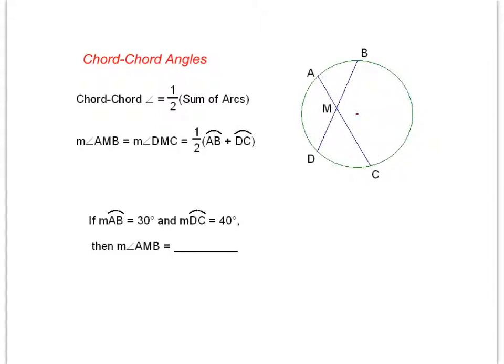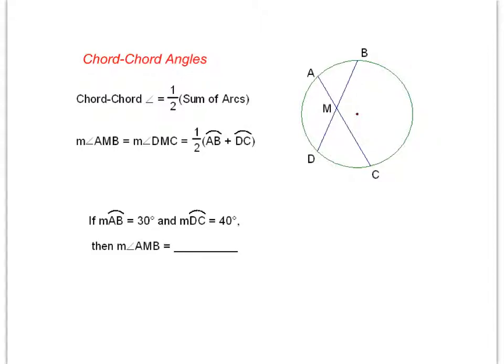The measure of angle AMB, so this angle right here, is going to equal the measure of angle DMC, of course, because those are vertical angles. These two angles are going to equal the average of the arcs.